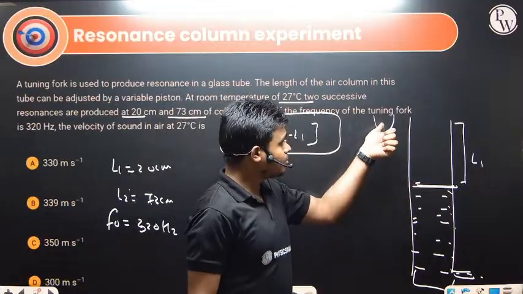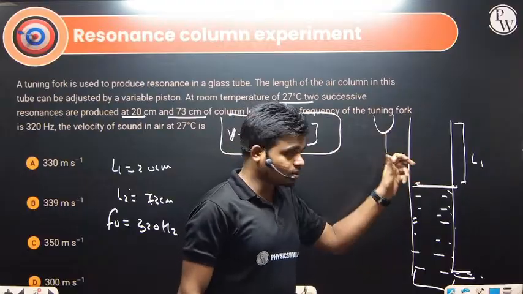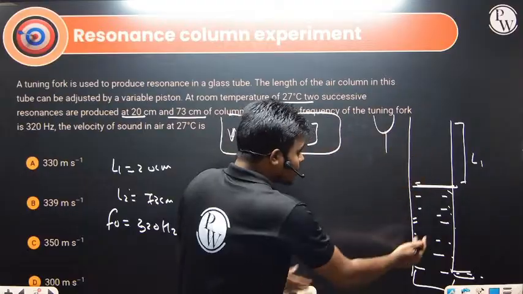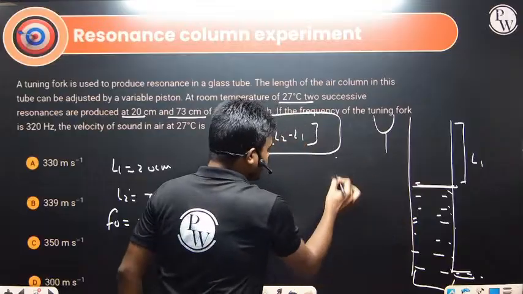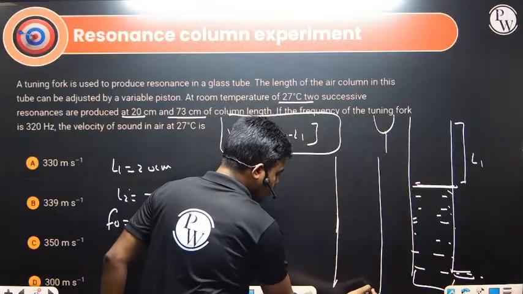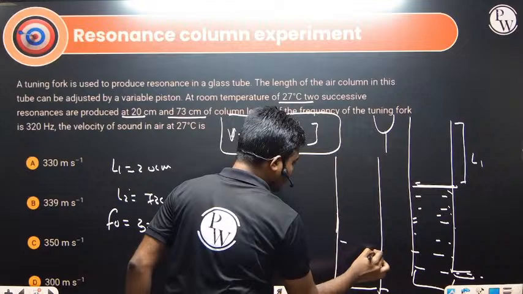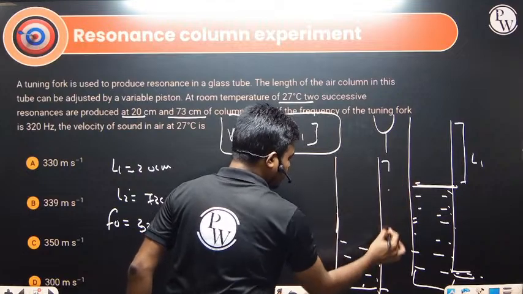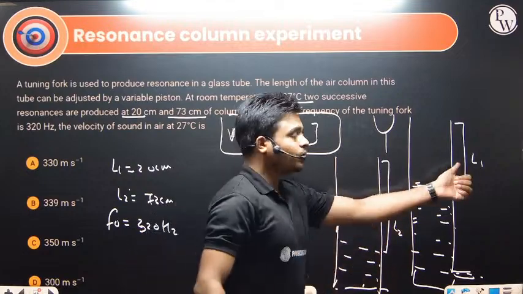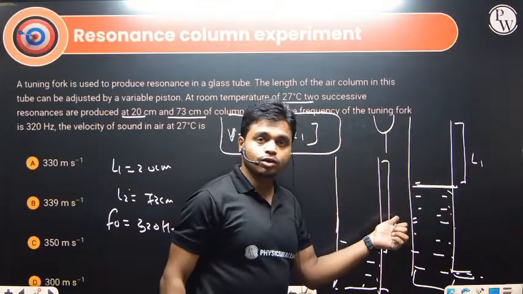When the frequency of the tuning fork matches, we get the resonance length here. After some time, when the water column goes down, there is one more resonance occurring over here, and this particular length is L2. We call this the first resonance length and this the second resonance length.